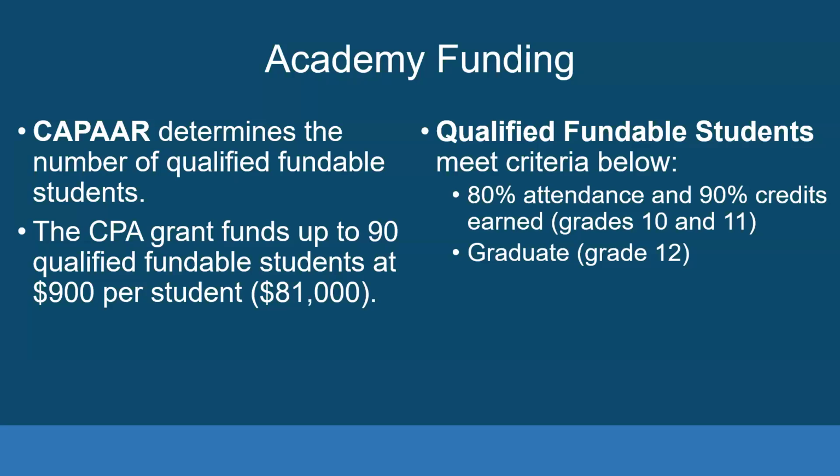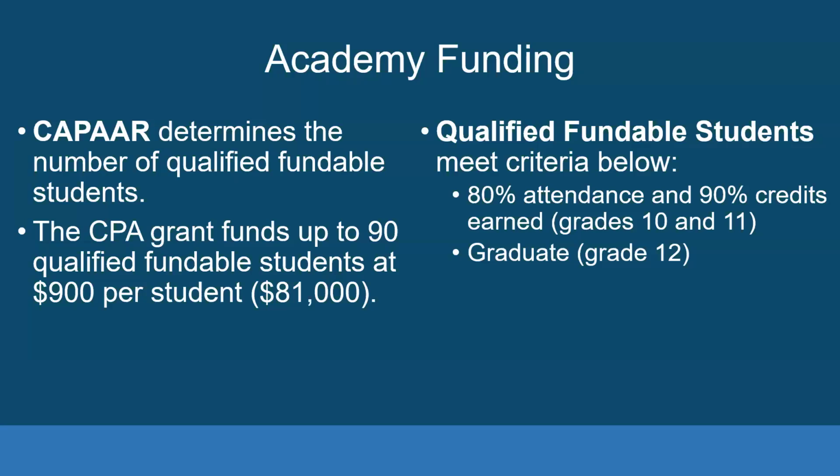Especially for grades 10 and 11, we're looking at students in the academies who have hit 80% attendance or more and have earned 90% of their credits in each grade level that are required for graduation. At the 12th grade level, we're looking for students who are graduating.